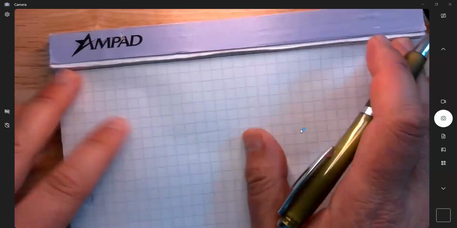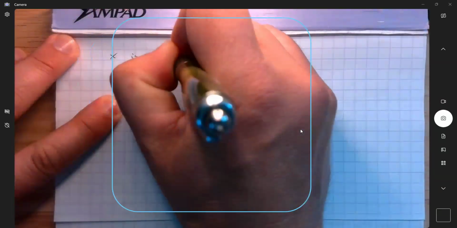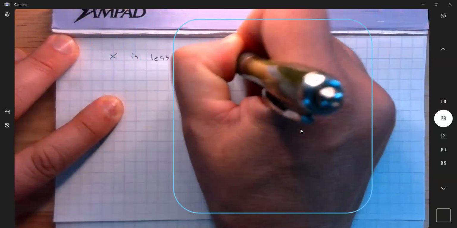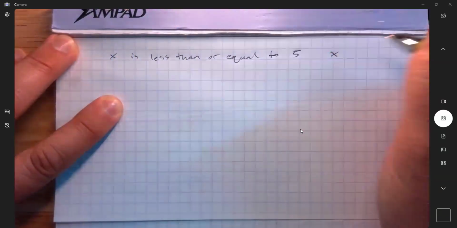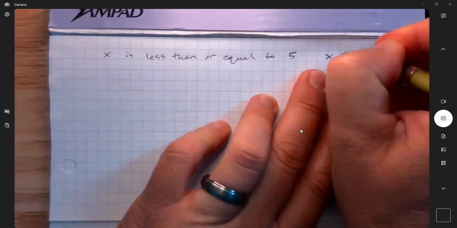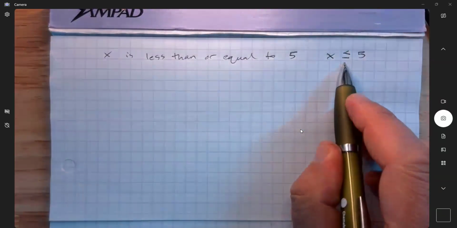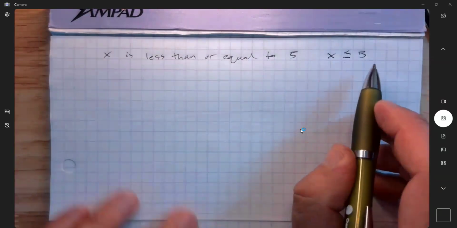The other type of inequality, I don't think it has a name, but it allows x to equal the number or be less. So if I say x is less than or equal to 5, I still use the less than symbol, but I put a horizontal line underneath it because that means it's kind of like an equal sign and also a less than sign.